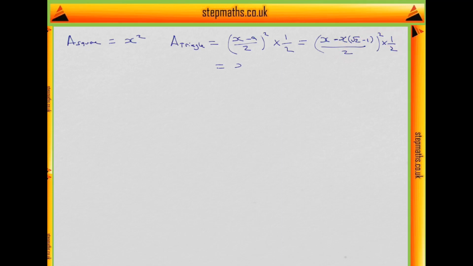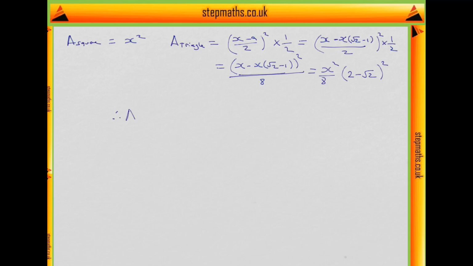So that gets us (x minus x into (root 2 minus 1)) divided by 8 with the top all squared. Now we can bring the x out, so that's x squared over 8 times (1 minus root 2 minus minus 1, or 2 minus root 2) all squared.